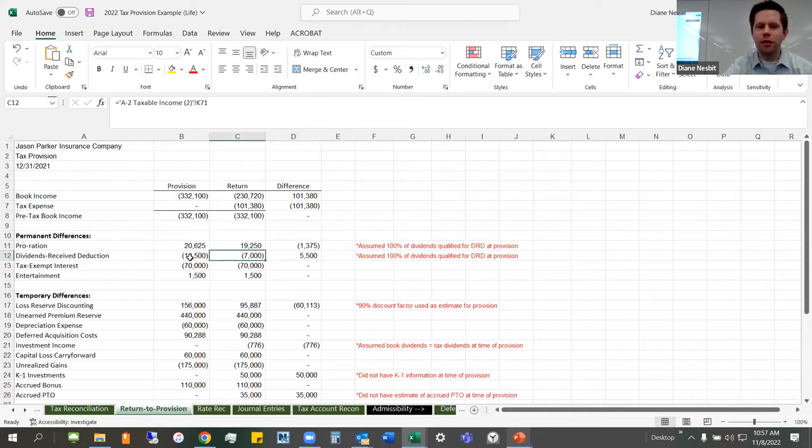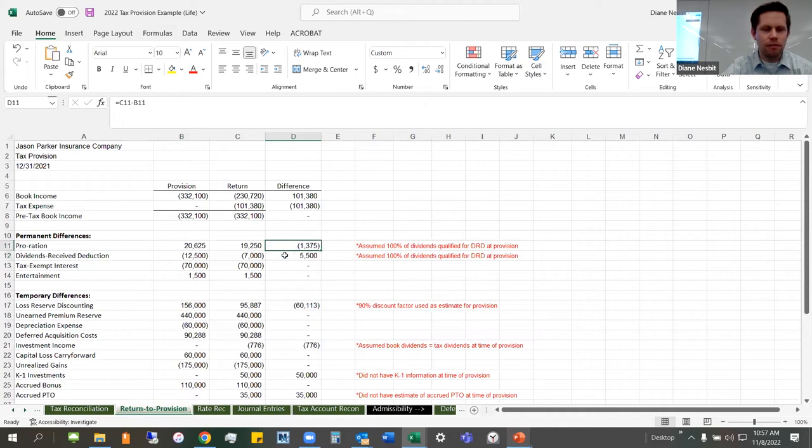That's a good example of one that will be different, because when you prepare the provision, you really won't know at that point what your DRD is going to be. So because the DRD was a little bit different, your proration was also different.